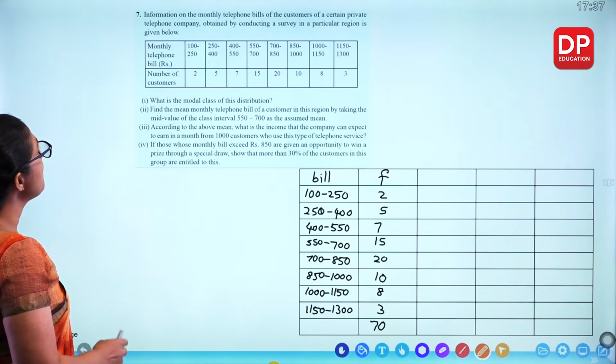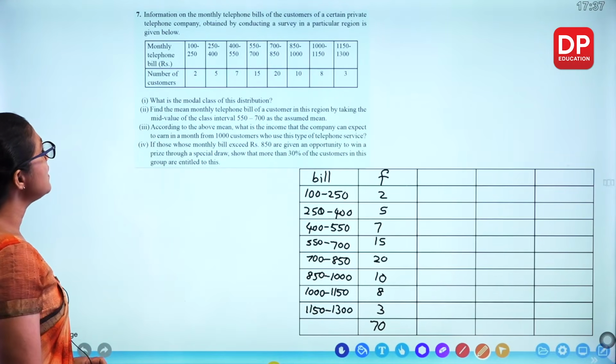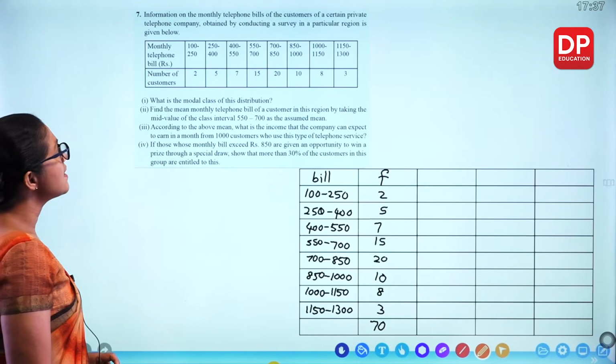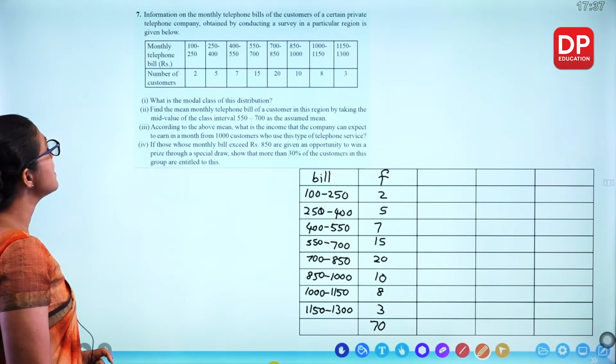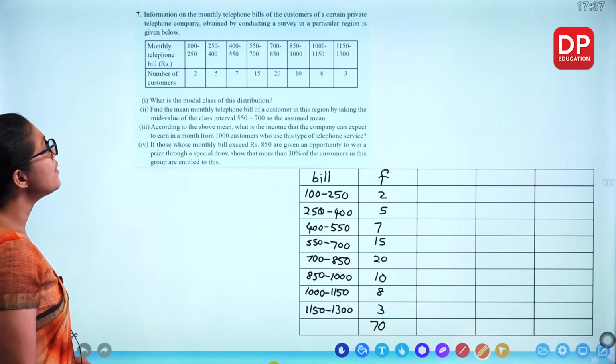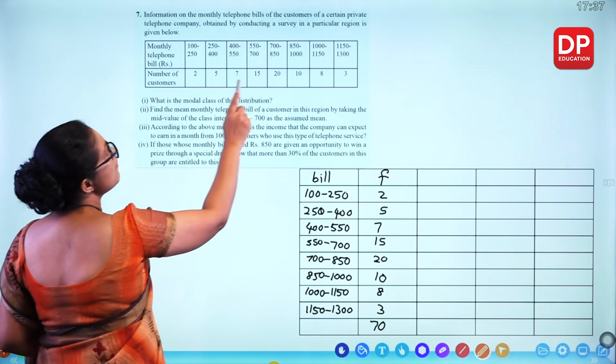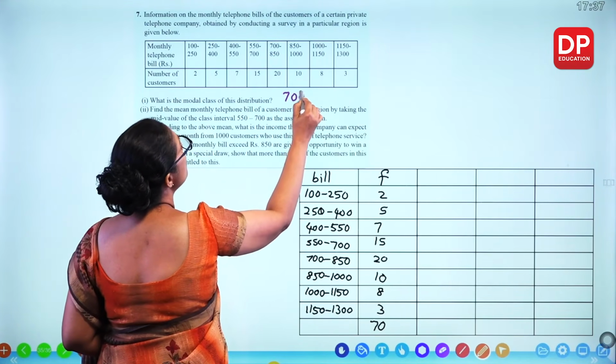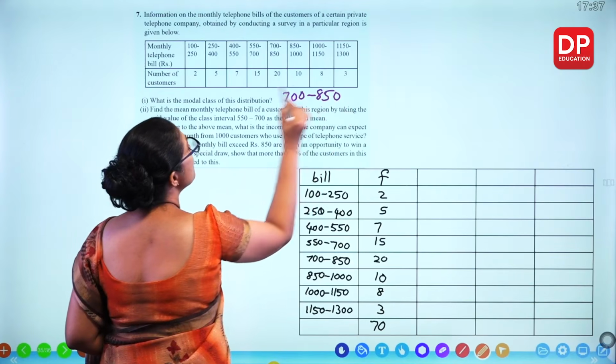Question number 7. Information on the monthly telephone bills of the customers of a certain private telephone company obtained by conducting a survey in a particular region is given below. What is the modal class? The one which has the highest frequency. So this one, 700 to 850.